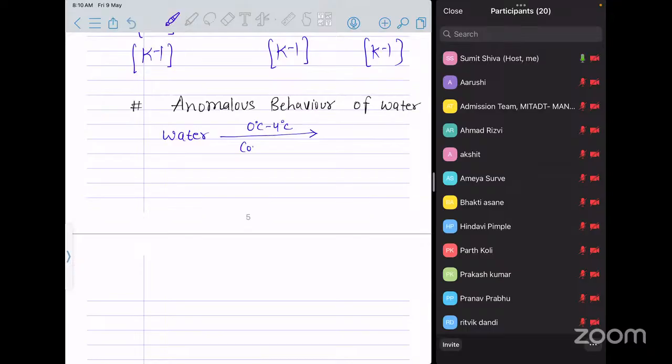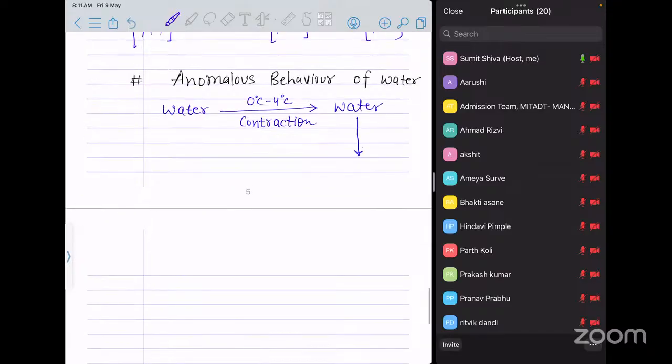So it will contract. And after 4 degrees Celsius, if you are still heating it and the temperature is greater than 4 degrees Celsius, in that case, it will expand. So the interesting point is the 0 to 4 degree variation and what is going to happen at 4 degrees Celsius.